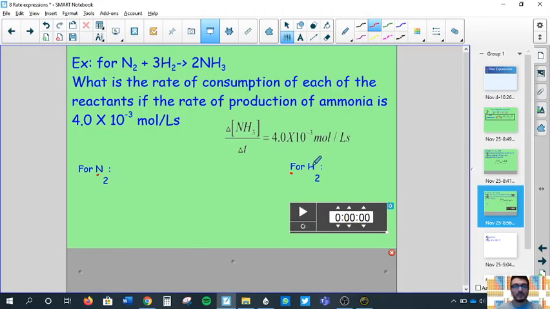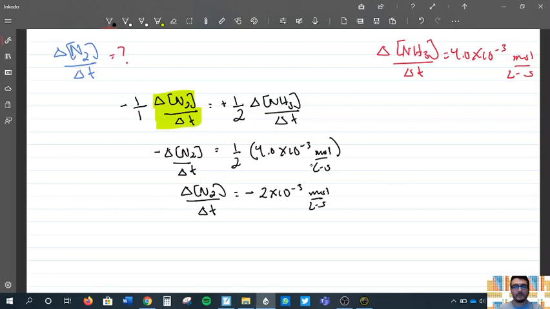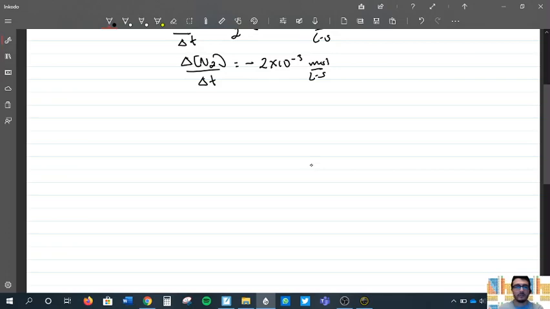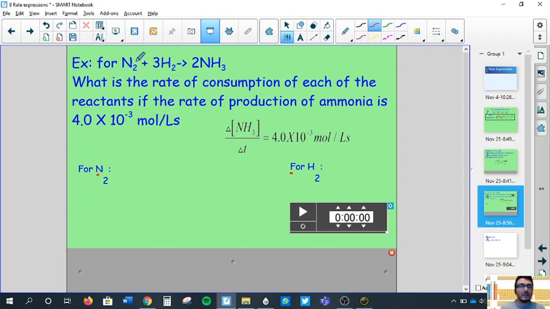this. Next, we're going to do hydrogen. Let's see if I can scroll down a bit, give some more room. Okay, so same rate of change of ammonia, different setup for this expression because we have a different coefficient here in the balanced equation.